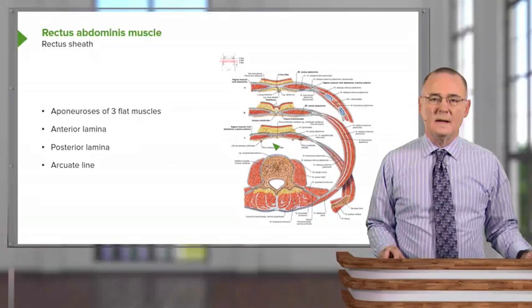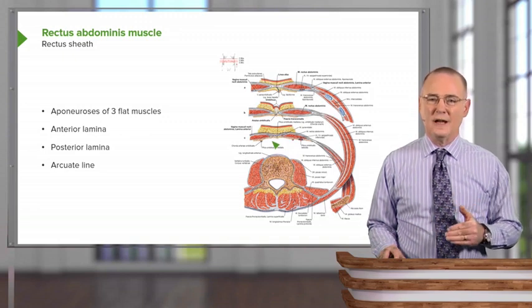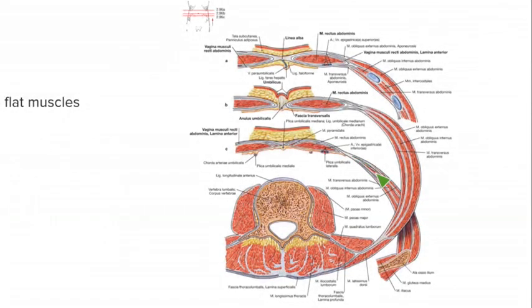Now, if we get inferior enough with our axial section, we will see a difference in the orientation of these aponeurotic fibers or sheets. And if we take a look here, here's your external abdominal oblique, internal abdominal oblique, transversus abdominis, and if we come more toward the midline, we see all the aponeurotic fibers converging here, and they will all run anterior to the rectus abdominis.